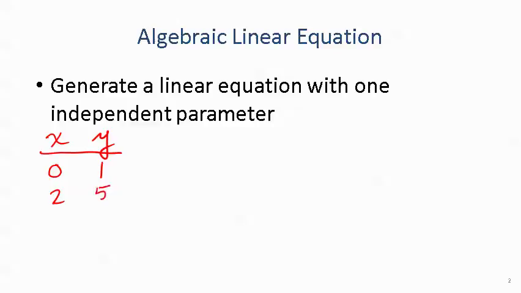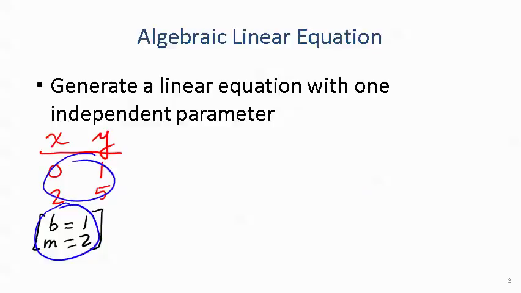From the previous analysis, we also defined b to be equal to 1 and m to be equal to 2. So now let us understand how to evaluate these values for b and m given this set of 2 points.